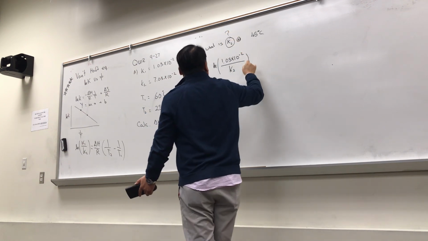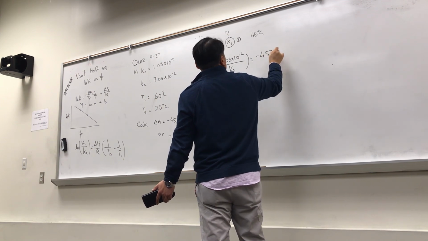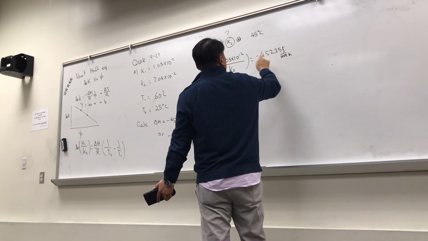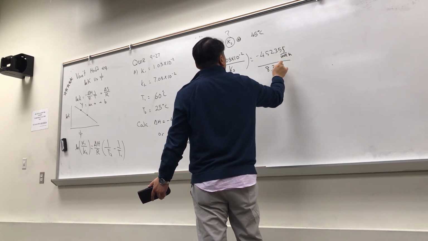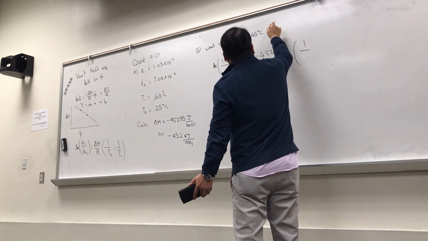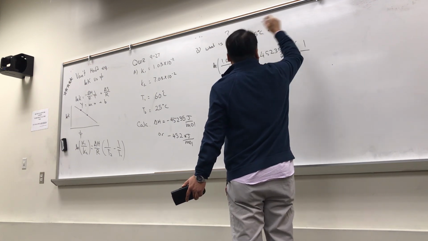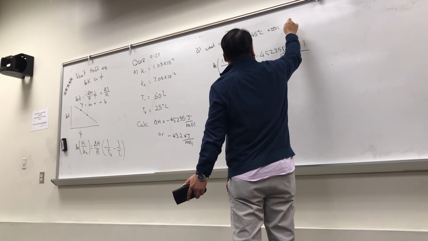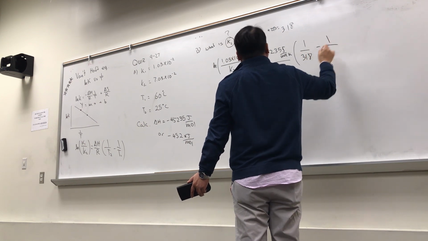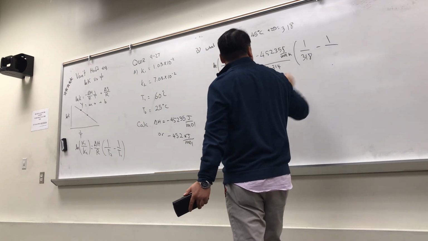Then it equals negative 45235 joules per mole per Kelvin divided by 8.314 times 1 over 45 plus 273, what is that? 318, minus 1 over 333.